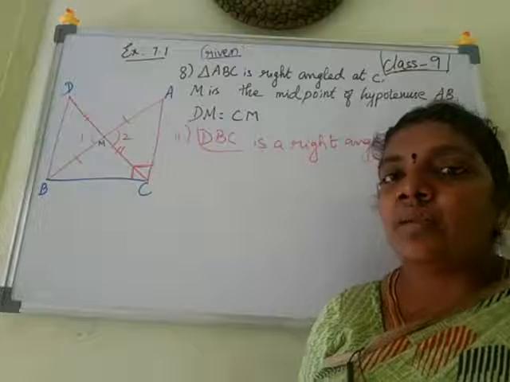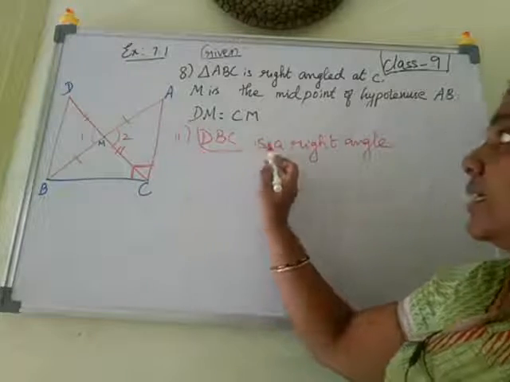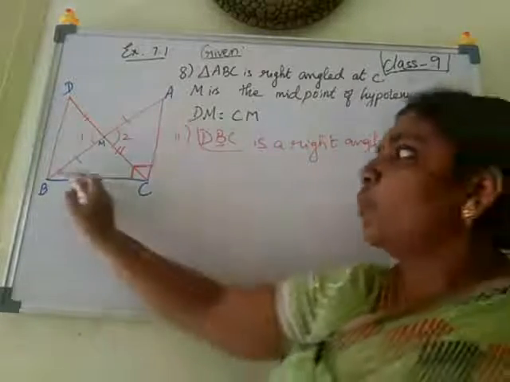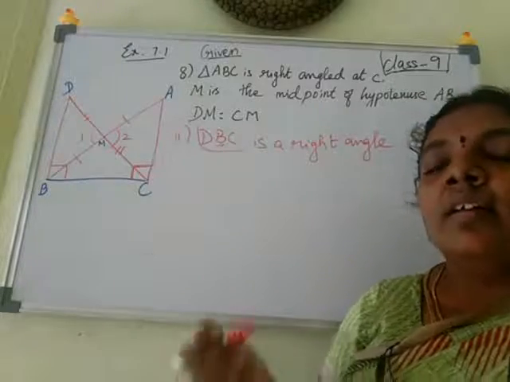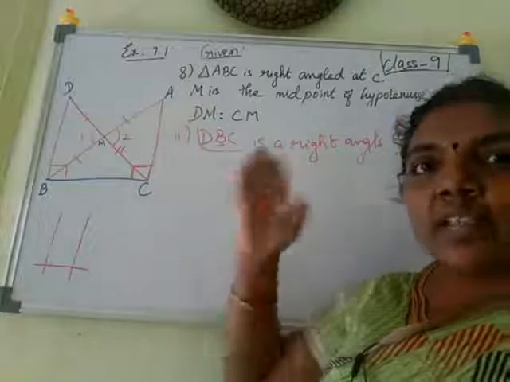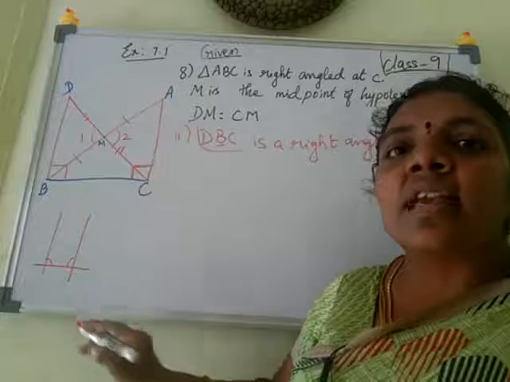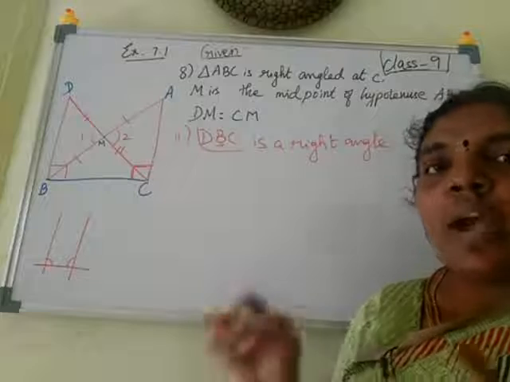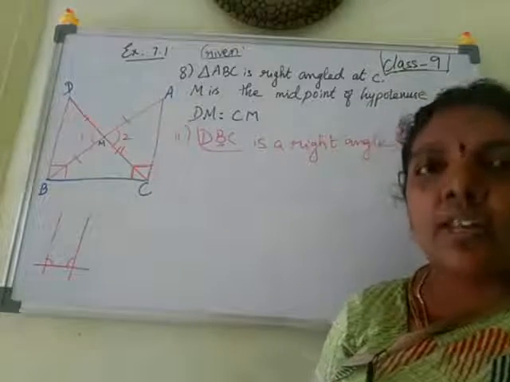For the second statement, we have to prove that angle DBC is a right angle, which means this angle B is 90 degrees. Already we know from lines and angles that if two lines are parallel and one line is a transversal intersecting the parallel lines, the angles so formed on the same side of the transversal add up to 180 degrees.